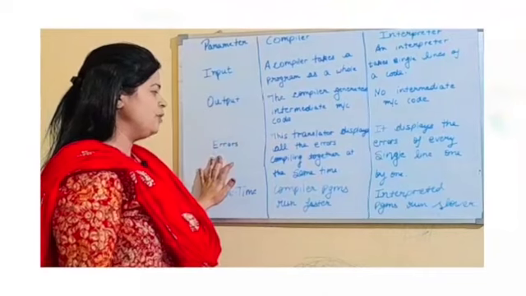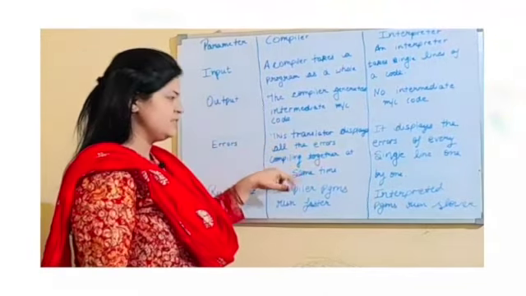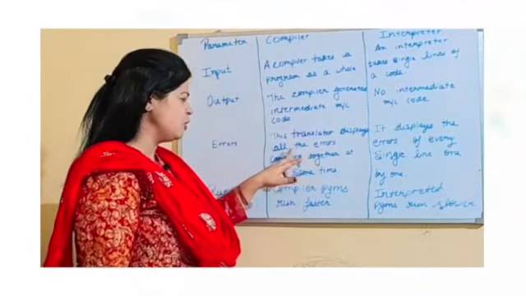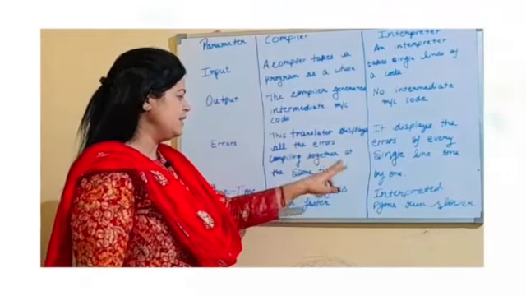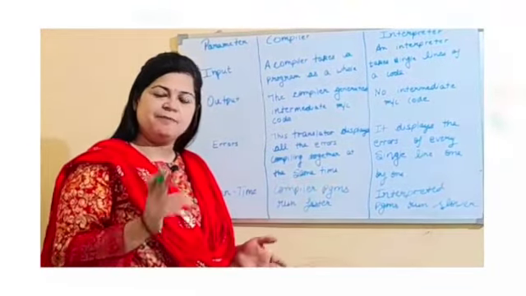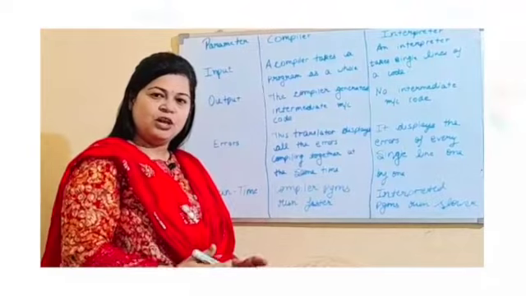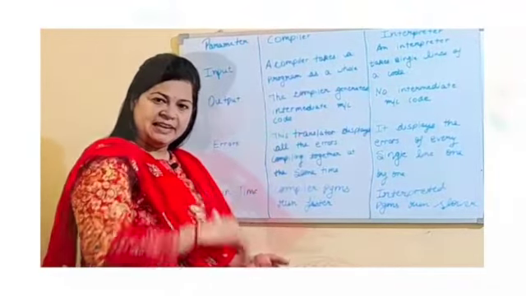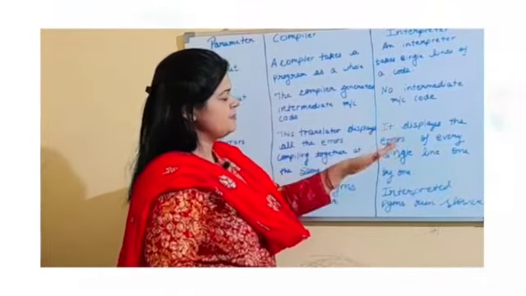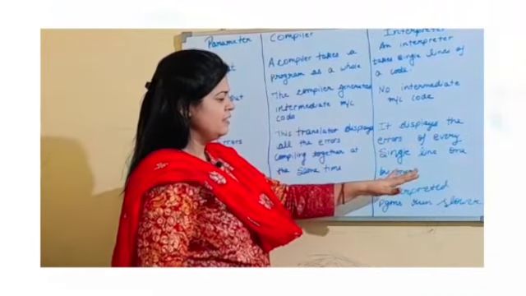When we talk about errors, the compiler displays all the errors together at the same time. At the end, when we compile, it gives all the errors referring to the line number. Whereas the interpreter displays the error of every single line one by one.